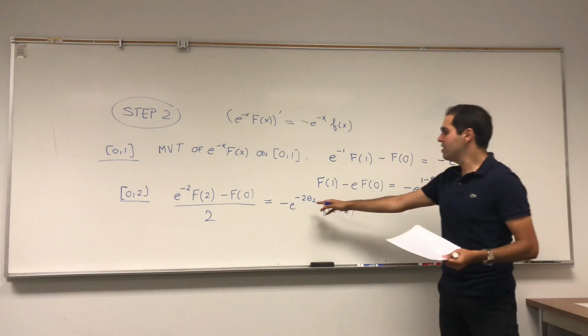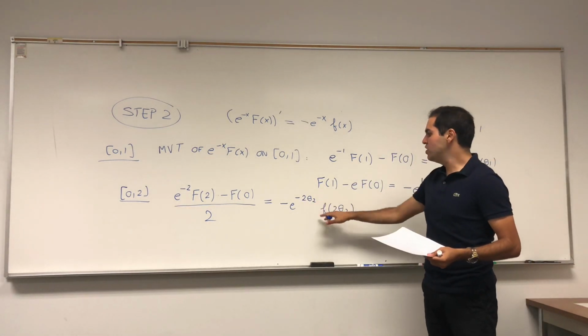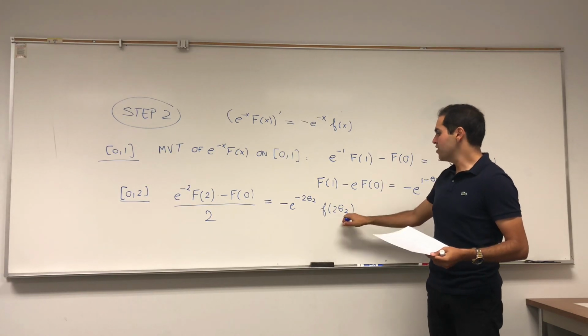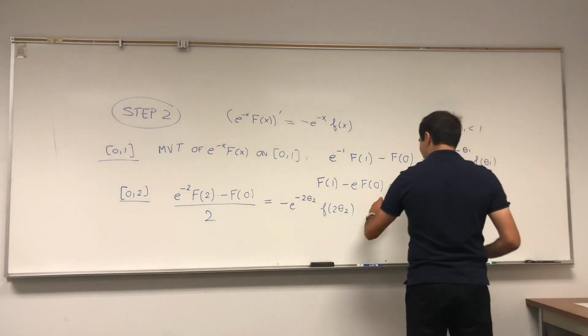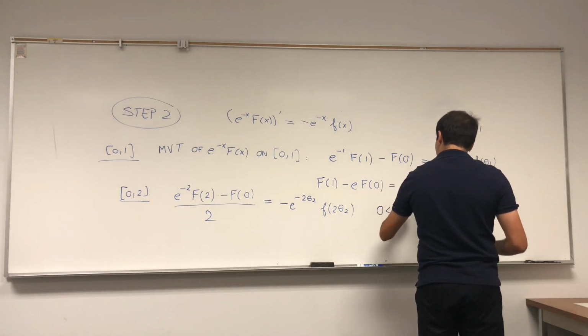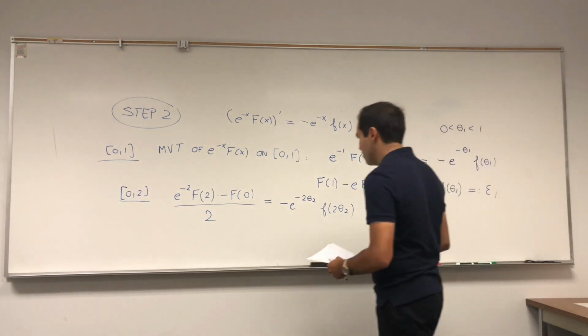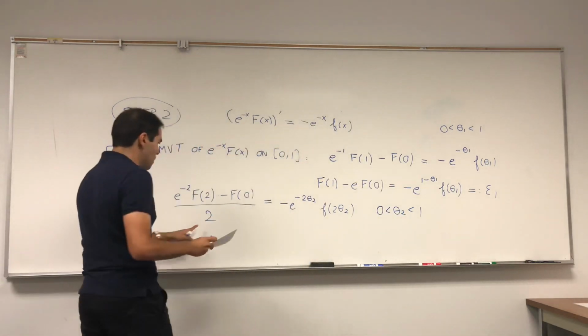If you'd like, you can just think of it as minus c2 f of c2, and then just let theta 2 be that constant divided by 2. So again, where theta 2 is between 0 and 1. And again, let's clean this up.